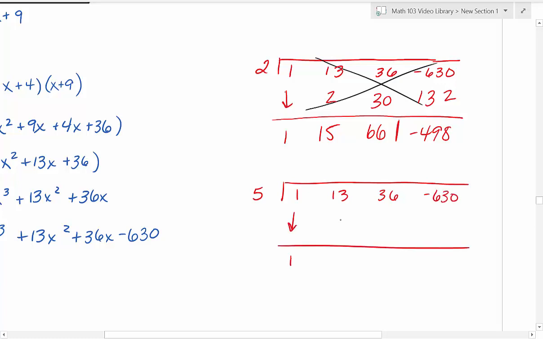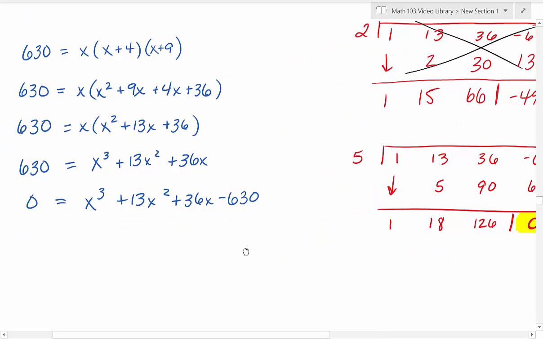So synthetically dividing here, this time we do get a remainder of 0. So that means that 5 is a 0, and from that 0 of 5, we can get a factor.